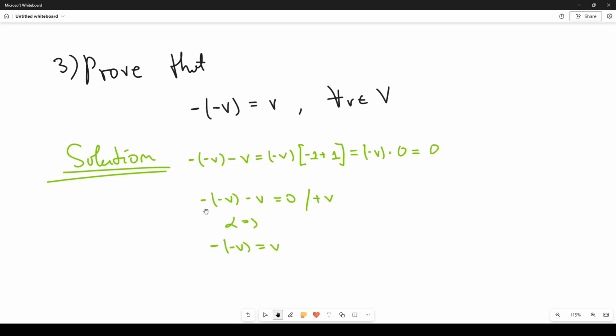So we have that this holds. Well, if this holds, then I can just add to both sides the vector v, and then we're just left with this expression, which is the statement we were trying to prove. So this holds for every vector v in the vector space.